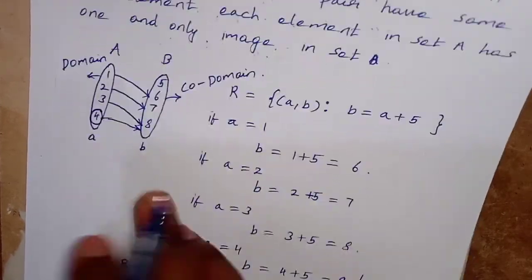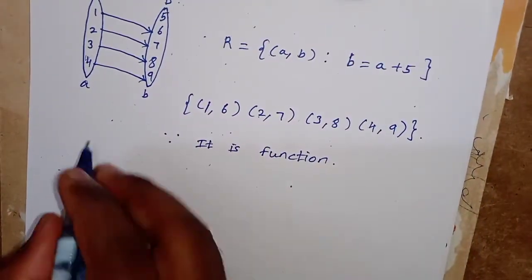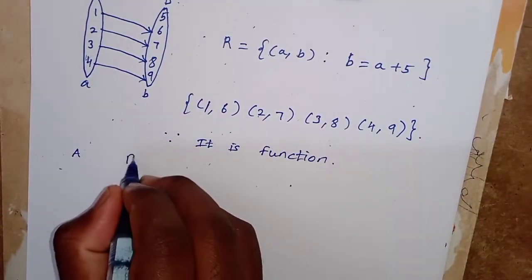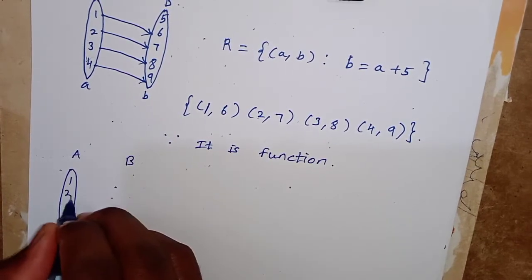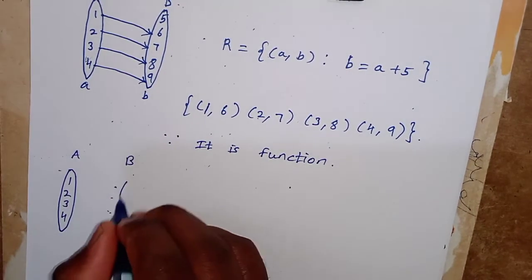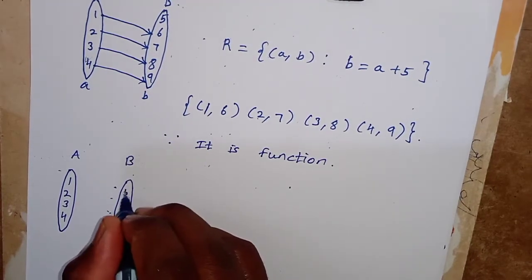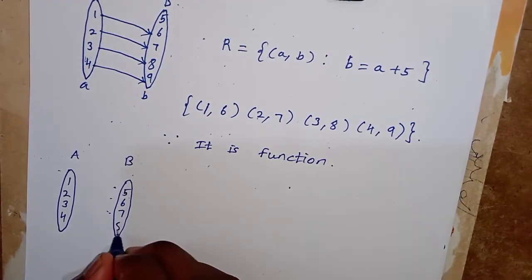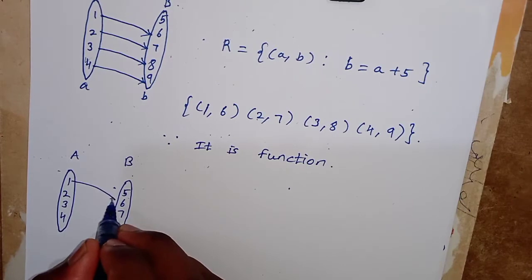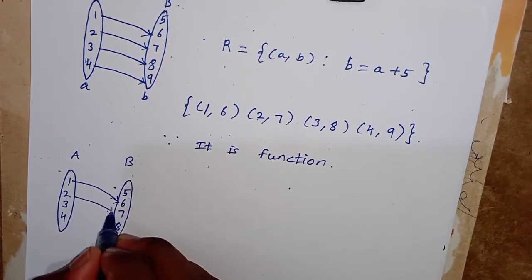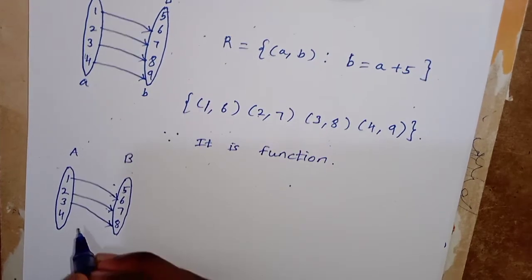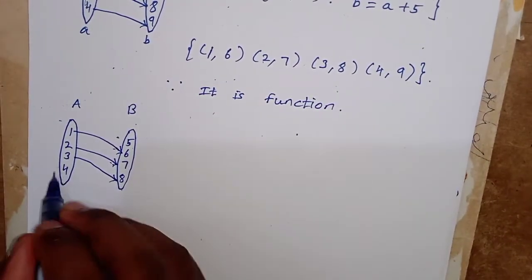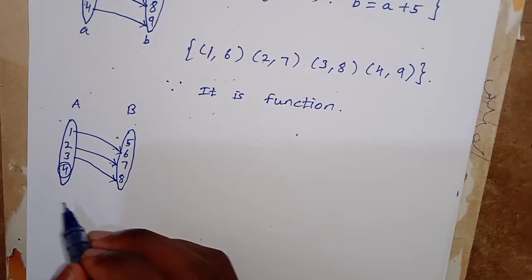Like this, I am taking the same example, A and B, 1 2 3 4, here 5 6 7 8. For 1 related to 6, 2 related to 7, 3 related to 8. Therefore here 4 is not filled.